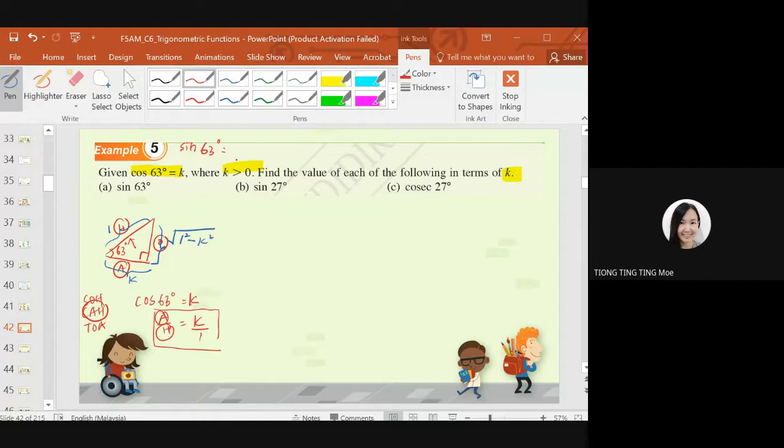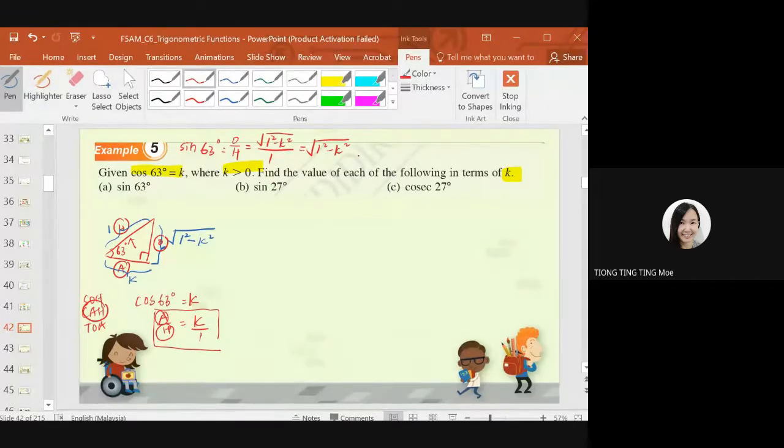Sin is O over H. O is square root of 1 square minus k square over H. H is 1. So your sin is square root of 1 square minus k square. So we have got the relation for sin.